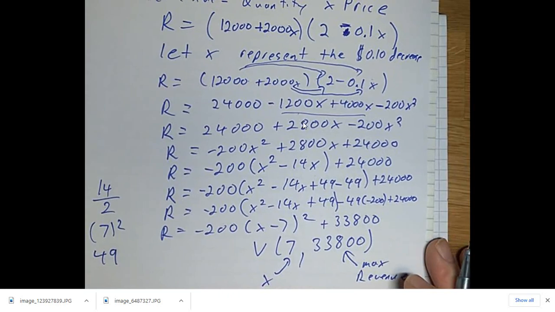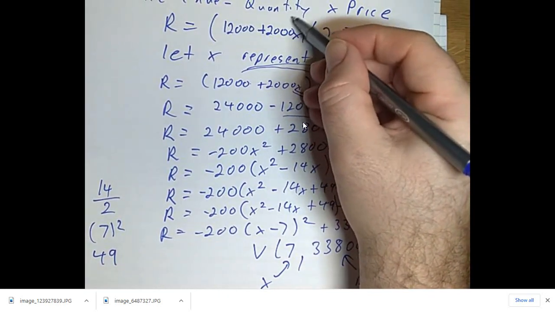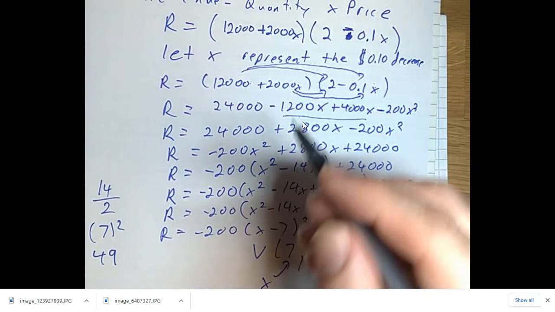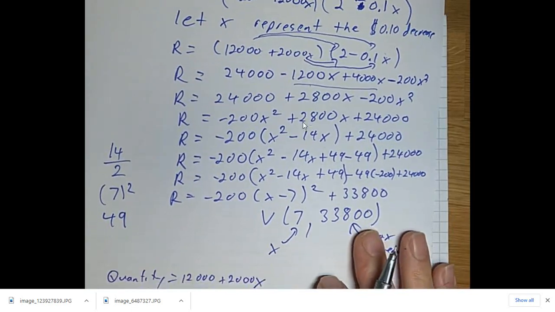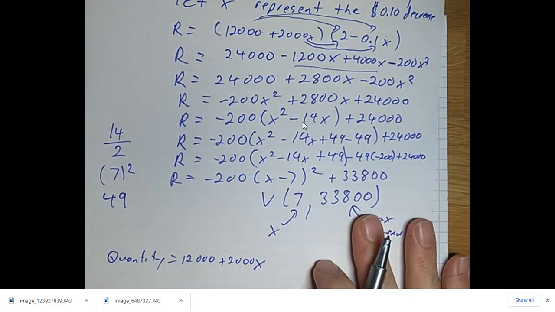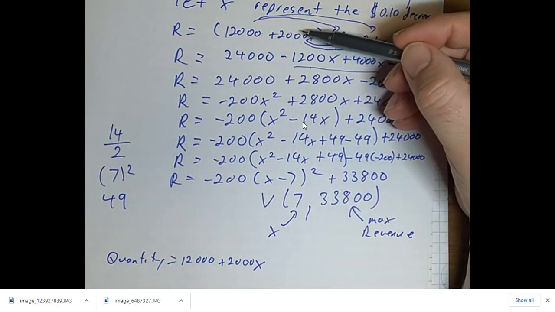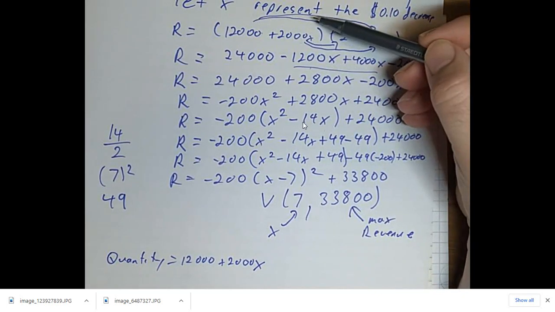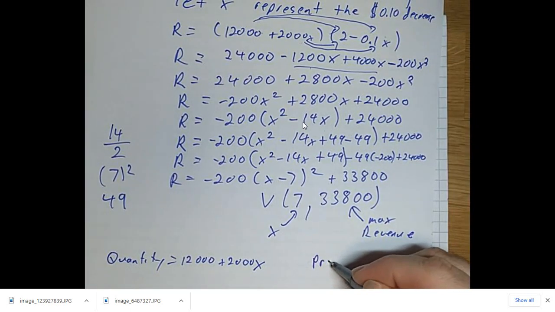We got to go back to the initial equation. So back over here is my quantity, Q. Quantity is that number. So over here we're going to find the quantity. 12,000 plus 2,000x. Where did I get that from? All the way up on the top here. It's the first part of the equation, the quantity. The second part I got price. So I'll just write price here just so you can see it.